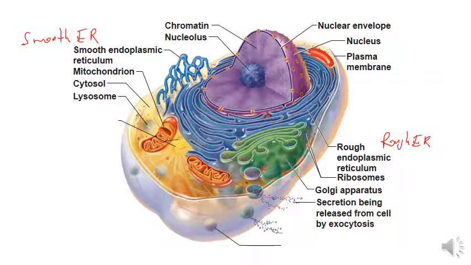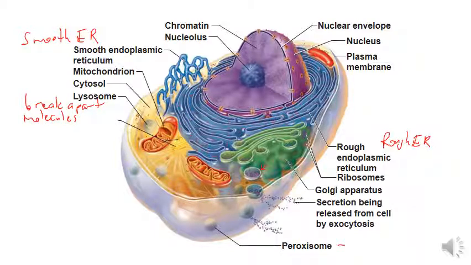Lysosome is going to break apart molecules, and it can also break apart bacteria if this is a white blood cell. Peroxisome. Now lysosomes and peroxisomes look very similar, but they have different functions. So if I ask these to you on a picture, lysosome versus peroxisome, I will give you the function and you will tell me.